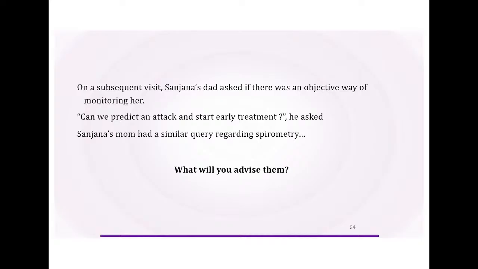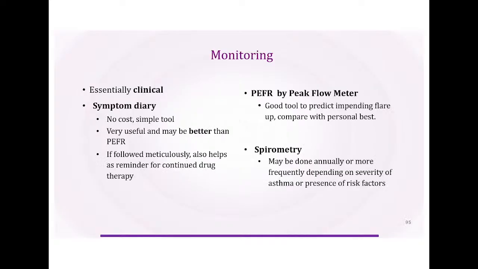So, you can use the peak flow meter, not necessarily spirometry. Peak flow meter is a 200 rupees device, a simple technique, and here she has to measure her peak flow reading every day, and if the readings are coming down, that means she is going to get acute exacerbation very soon. So, we can advise regular use of peak flow meter and spirometry also.